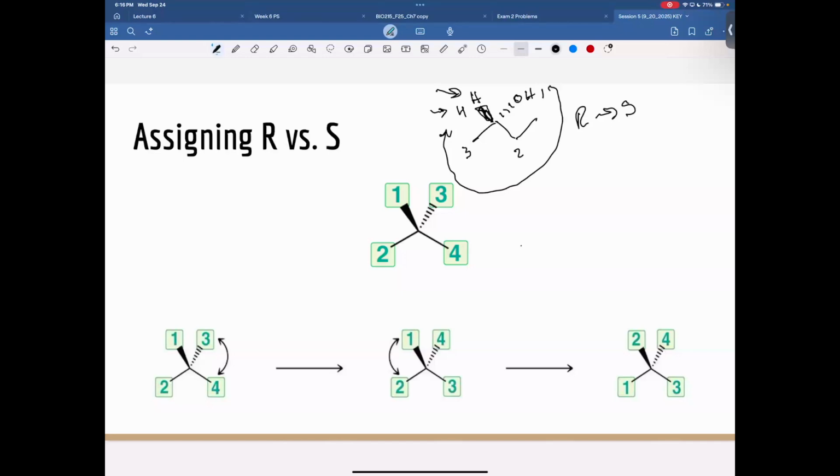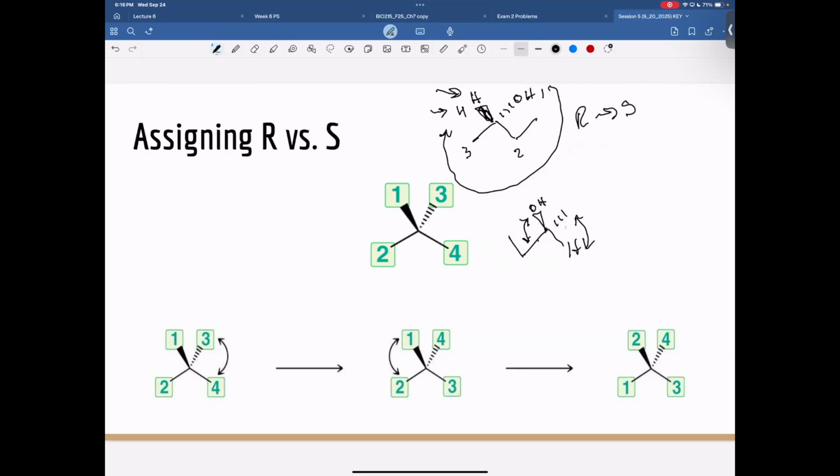Another example. So if you have it like this, where the H is on one of the legs, it's not on a dash or a wedge. The way you do this is, basically, you look at where the H needs to be. So the H needs to be on the dash right there. So you bring it over there, you do a little switch, and what you do to the one side, you have to do to the other.